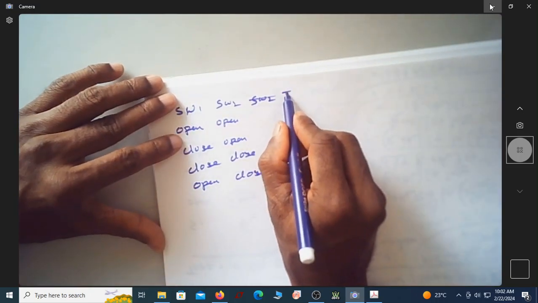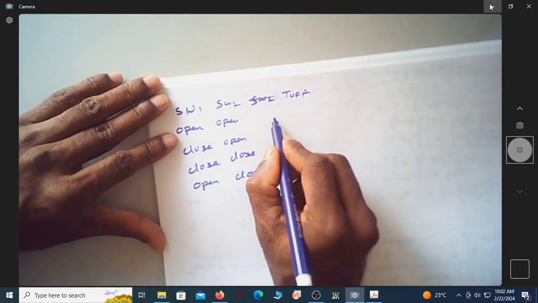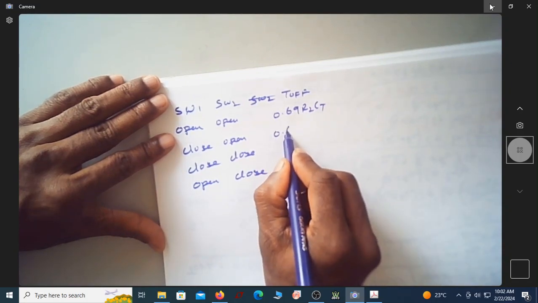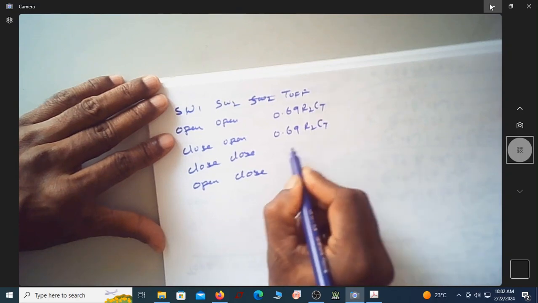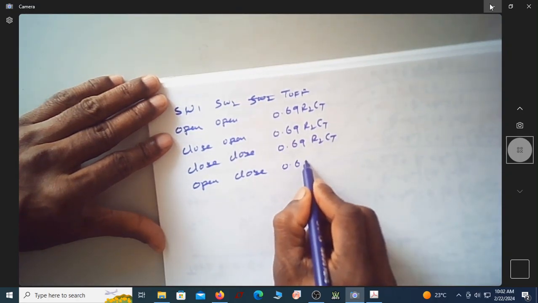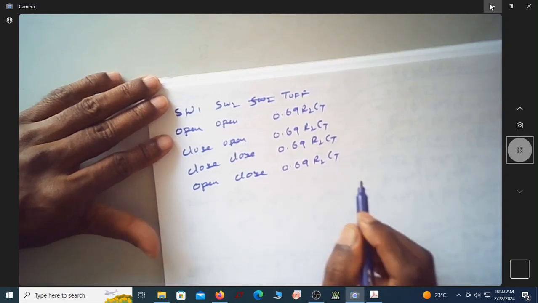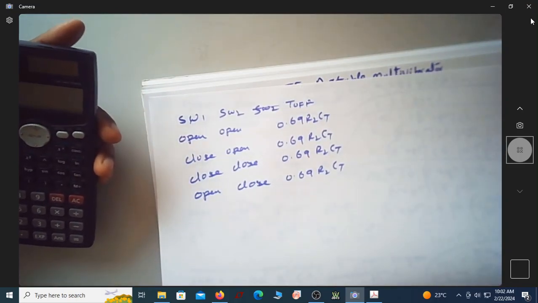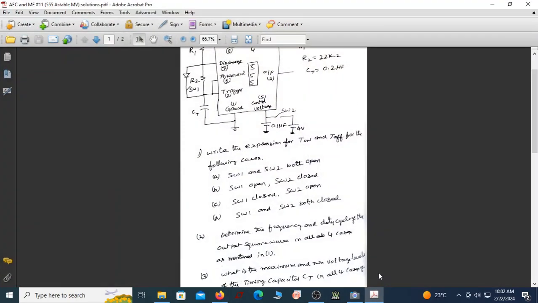So T off is the same. T off is 0.69 R2 CT for all four. So I can actually find out what the value is. As per this, what is the value of R2?